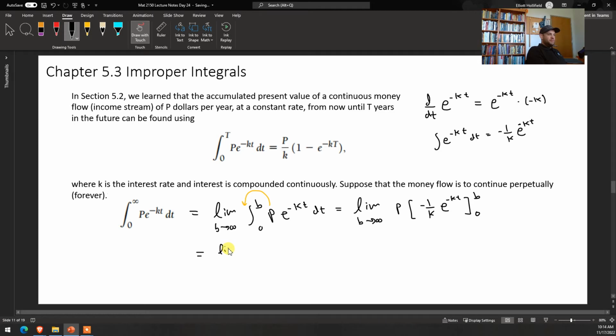Now we can do the evaluation. We get the limit as b goes to infinity of p. Let's even bring this constant out front, minus 1 over k, so minus p over k now. Let's do the evaluation. We plug in b, e to the minus bk, minus e to the 0.